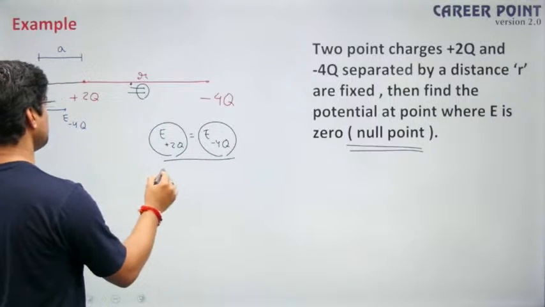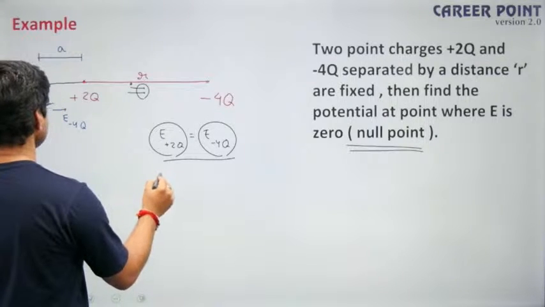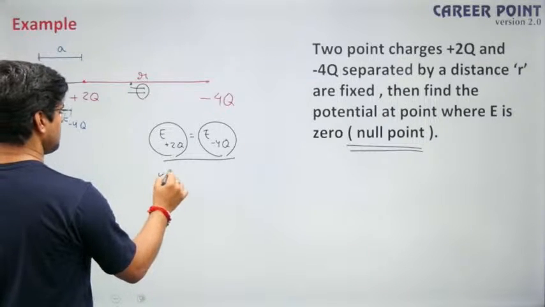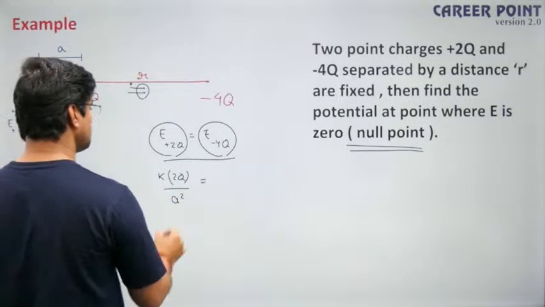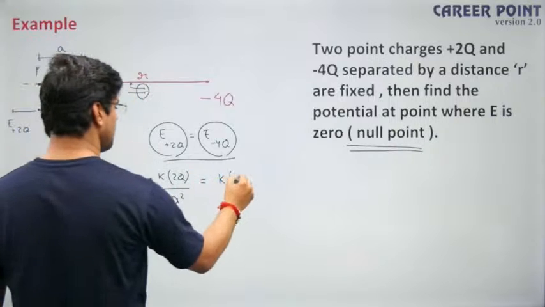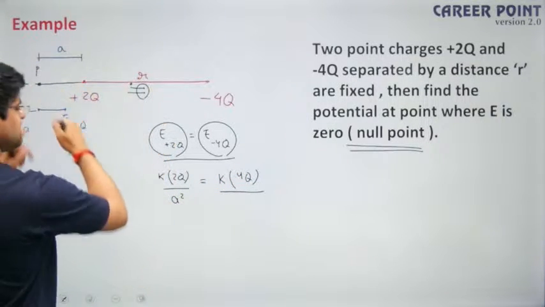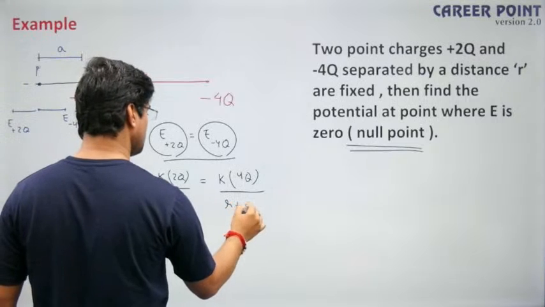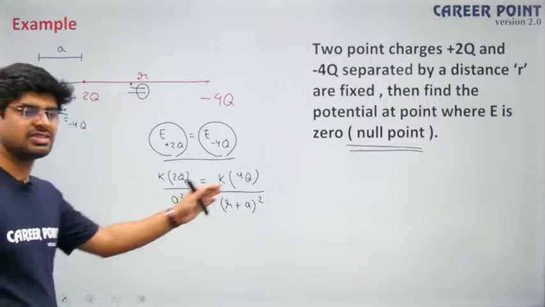Due to plus 2q, I can write k times charge by distance squared, a squared, equals k times 4q by distance squared, r plus a whole squared. So this we are supposed to balance.